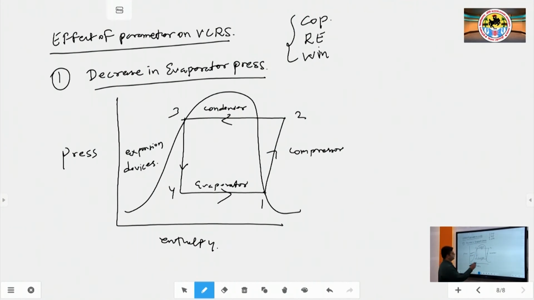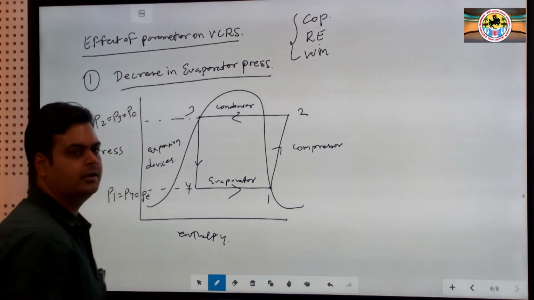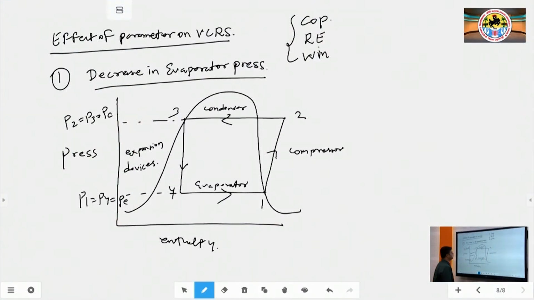This is the evaporator pressure, that is P1 equal to P4, which we can also call PE. Here we have P2 equal to P3, that is the condenser pressure, which we can also call PC. So, when we decrease the evaporator pressure, what will be the effect on COP, refrigeration effect, and work?